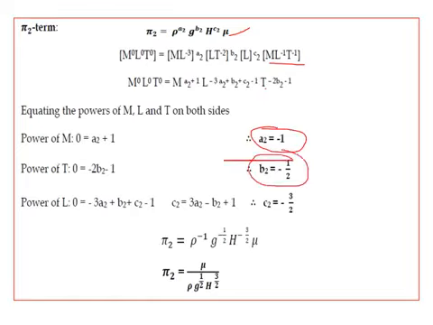Similarly for L, minus 3a2 plus b2 plus c2 minus 1 should be equal to 0. So we rearrange for c2 and substitute the values of a2 and b2, we get minus 3 by 2. That's how we substitute the values of a2, b2, c2 in the pi 2 term, which is rho to the power of minus 1, g to the power of half, h to the power of minus 3 by 2, mu. So therefore we'll get pi 2 as mu by rho, g to the power of half, h to the power of 3 by 2.